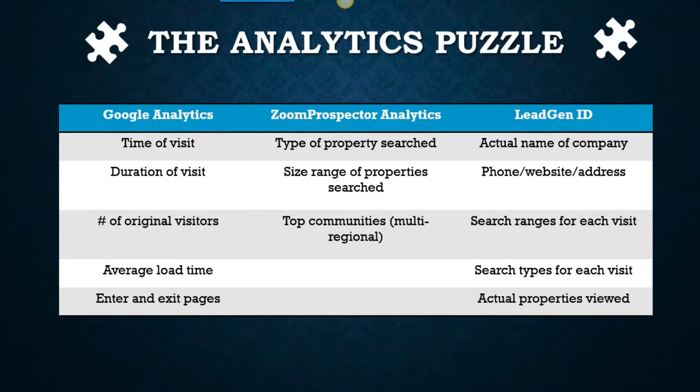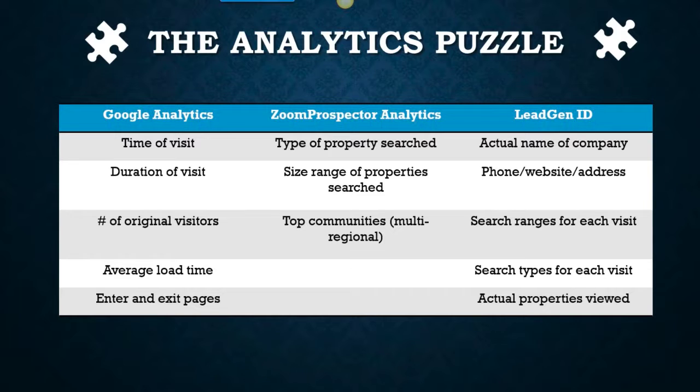And then finally, you hear a lot about lead gen ID or lead forensics. This is another tool that we've provided for our clients that actually provides you the name of the company, phone number, website, and address, and the search ranges for each visit. So for example, if they're looking for Class A office space, between 3,000 and 5,000 square feet, you're going to be able to see that, and the actual properties or reports that company viewed.